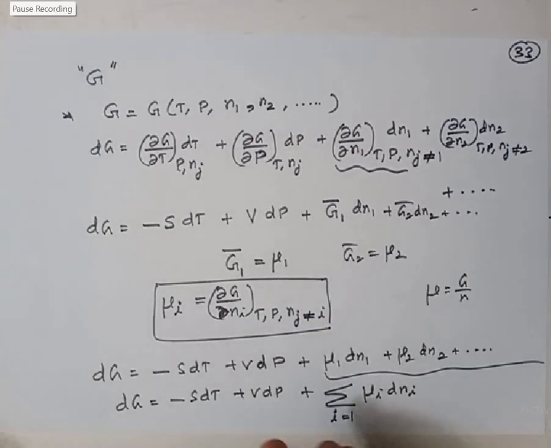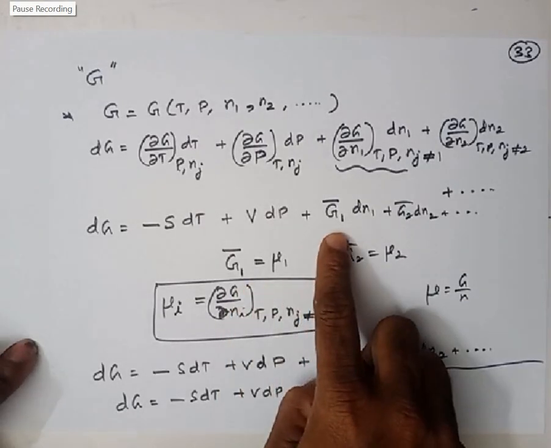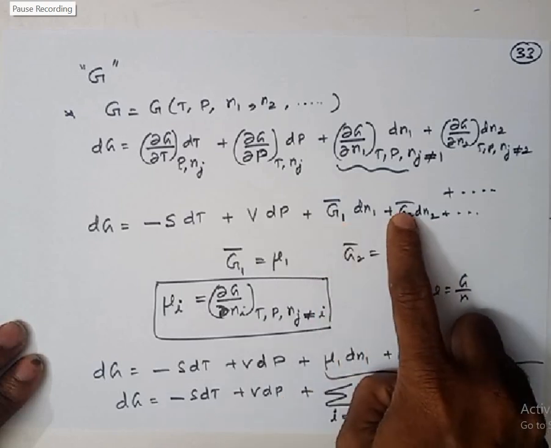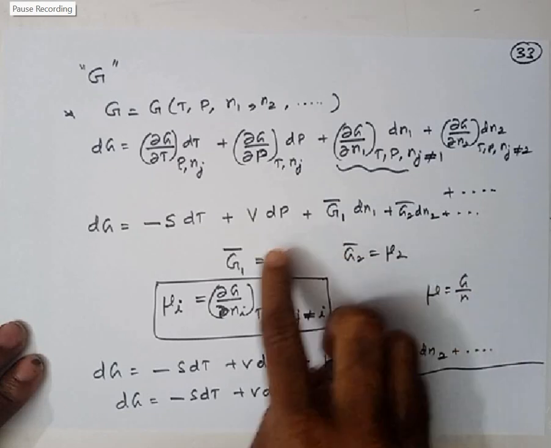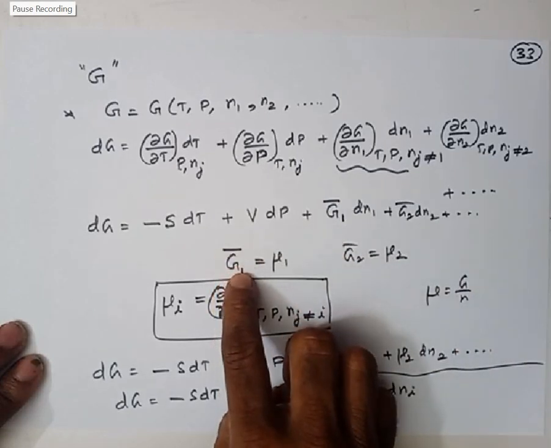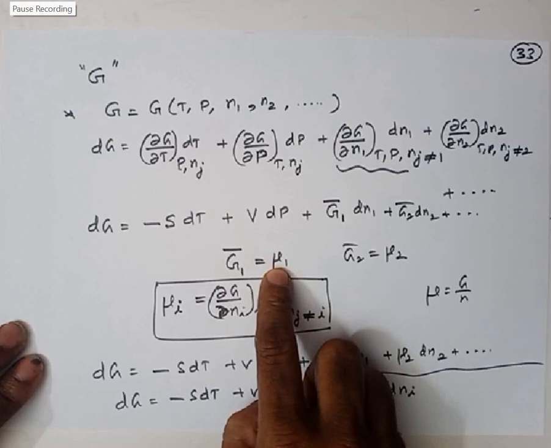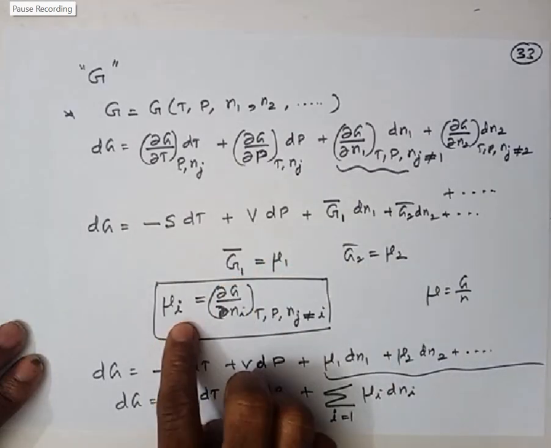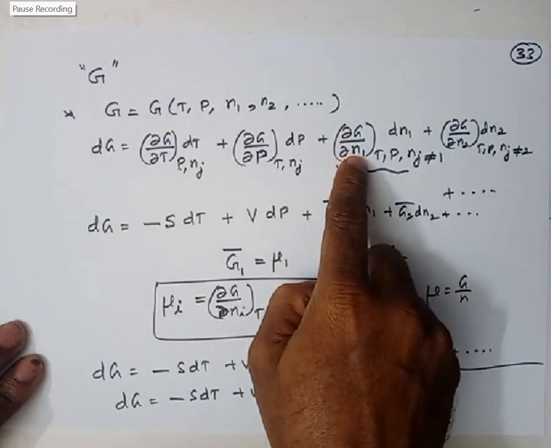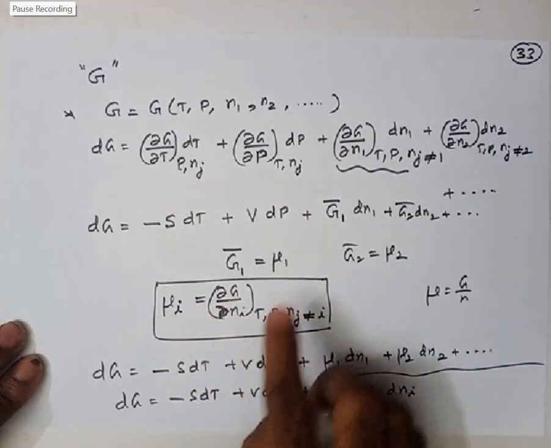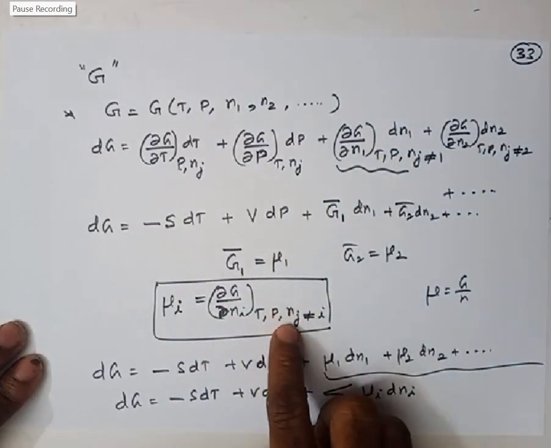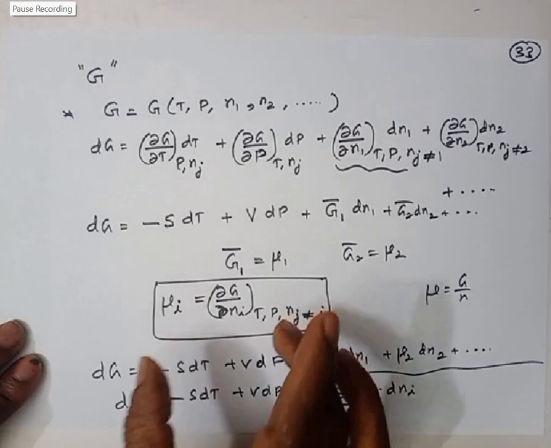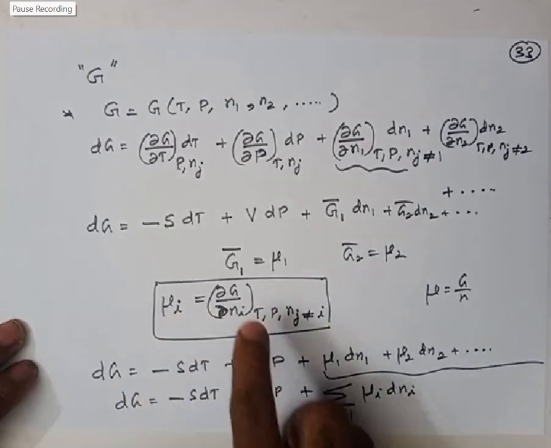I repeat: G1 bar is the partial molar Gibbs free energy of component 1, which is nothing but the chemical potential of component 1. Similarly, G2 bar is nothing but mu2. So mu i is equal to dou G by dou Ni, keeping temperature and pressure constant and the moles of all components constant except the ith component. This is what we call the chemical potential of the ith component in terms of Gibbs free energy.